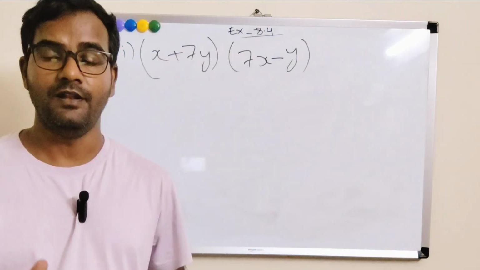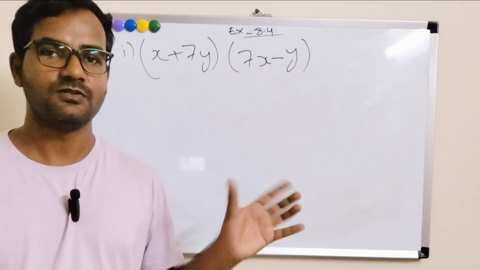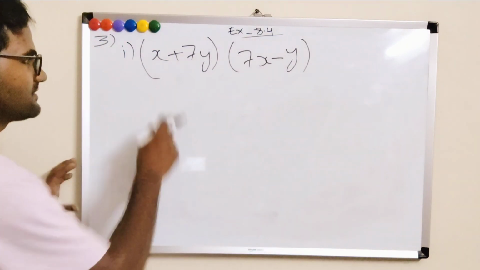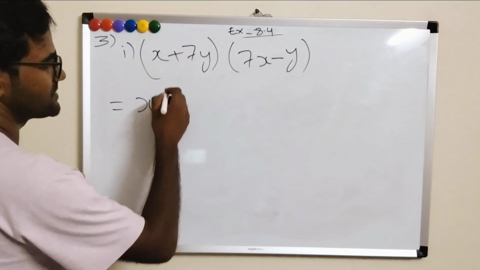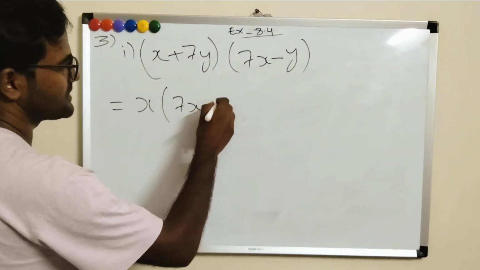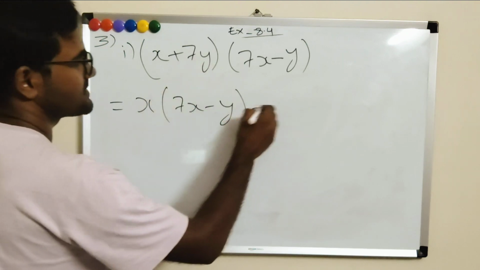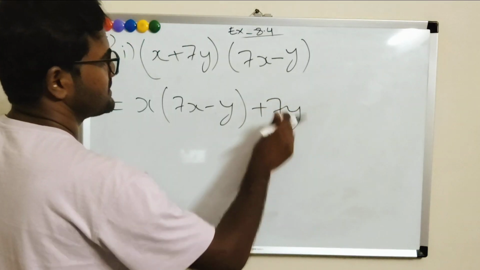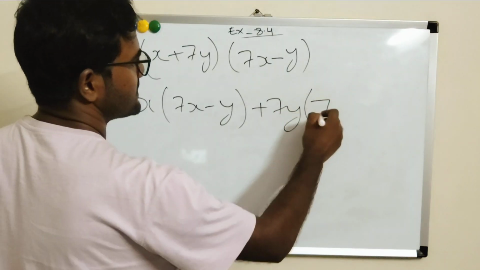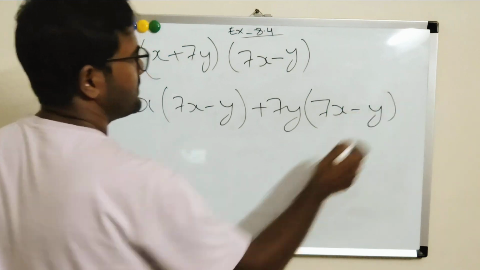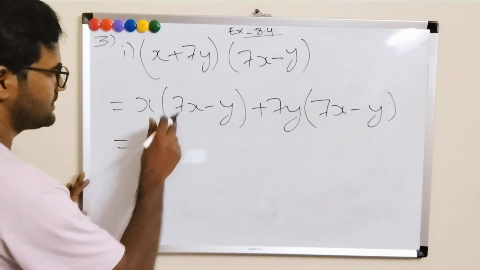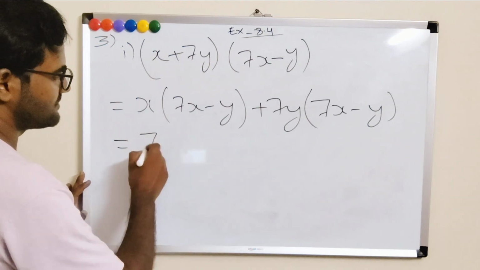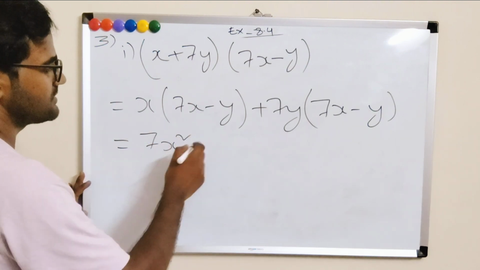So this is your required answer. Now we have the second one, so let us see how we are going to do it. Again we will write this x here, then the whole term 7x minus y, then this plus 7y we will take here, then write this whole thing again, 7x minus y. Now we will multiply. x into 7x will be 7x squared.